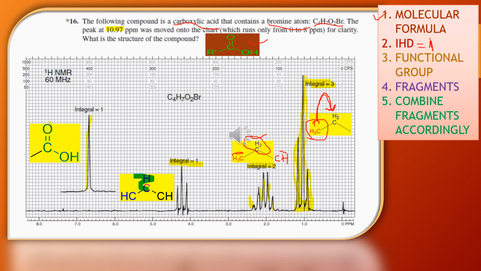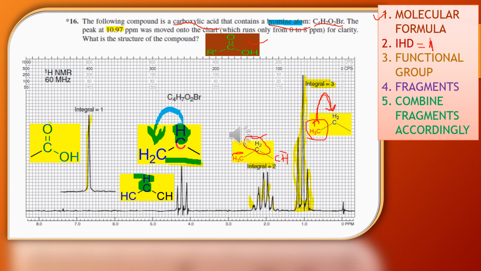This CH is splitting into a triplet due to the presence of these two hydrogens at the neighboring carbon. So we got three fragments and four fragments with the functional group carboxylic acid, and it is also mentioned that bromine is present in it.